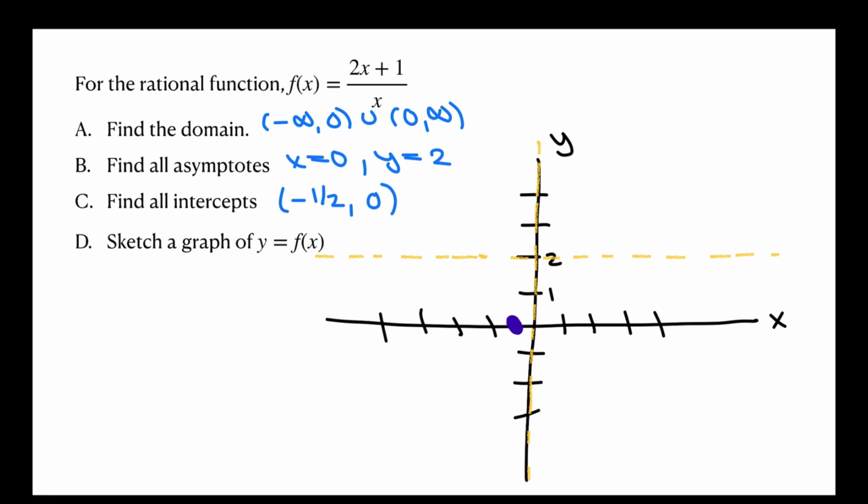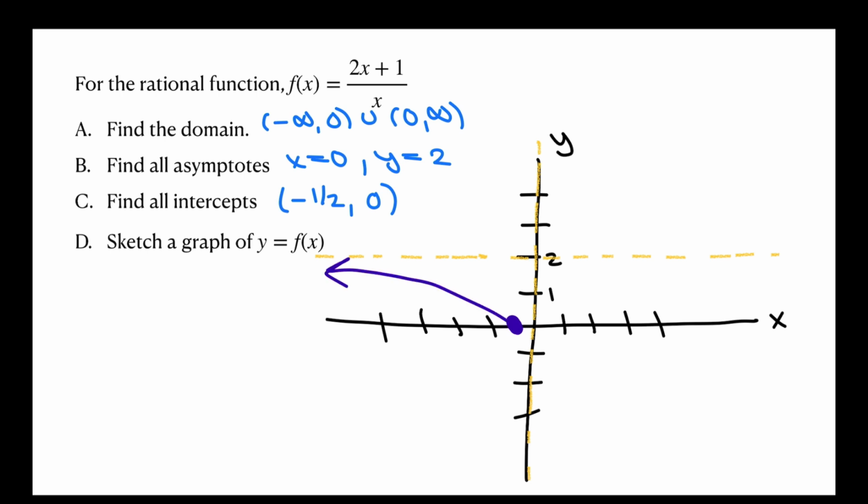For example, when I look at the left side of this graph, so to the left of that x-intercept, I know that the graph has to approach my horizontal asymptote. The horizontal asymptote describes the end behavior, and because I have only one x-intercept, this graph can't go up and then down and up and down.